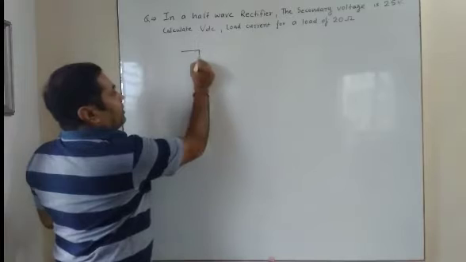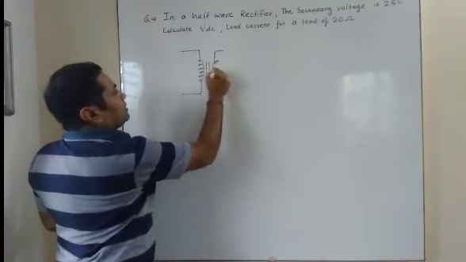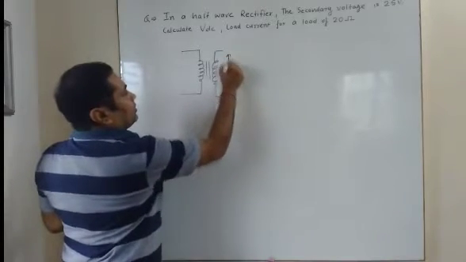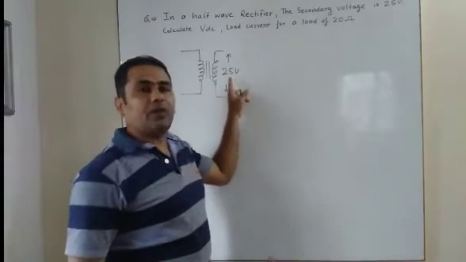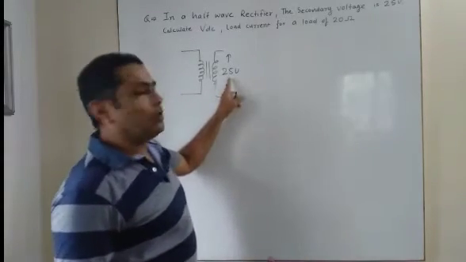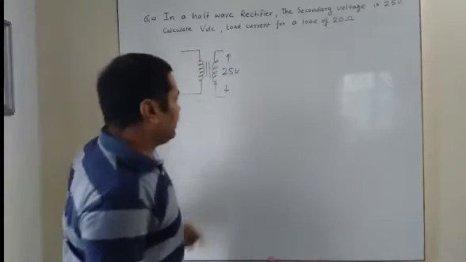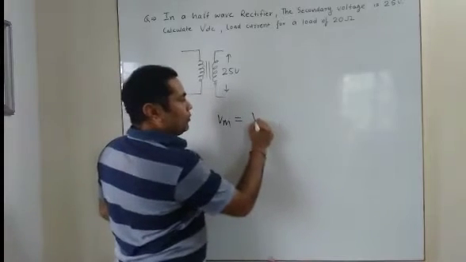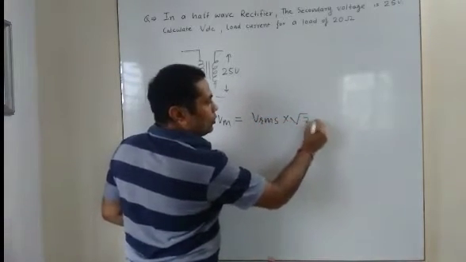The secondary voltage, said to be 25 volt, is the root mean square value. So first we have to convert it into the max value, and the formula is Vm, that is max value, equal to Vrms multiplied by root 2.